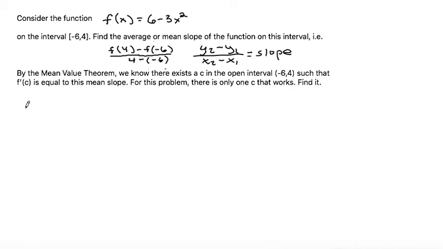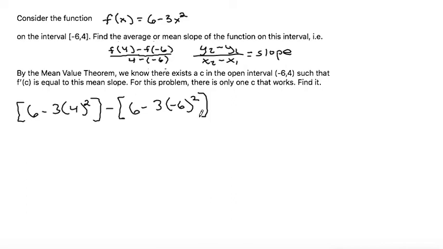f of 4 would be 6 minus 3, plugging in 4 into my f of x, and then minus f of negative 6, which is 6 minus 3 times negative 6 squared, and that is all over 4 minus negative 6.